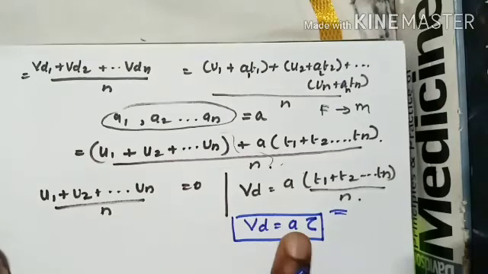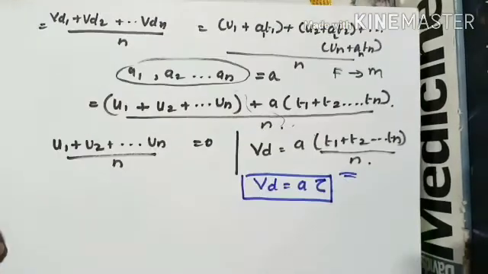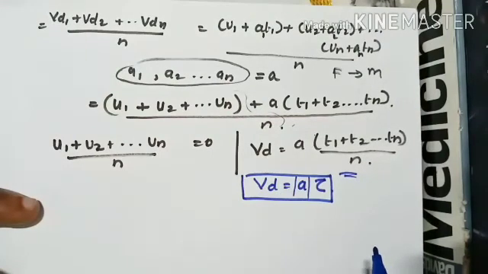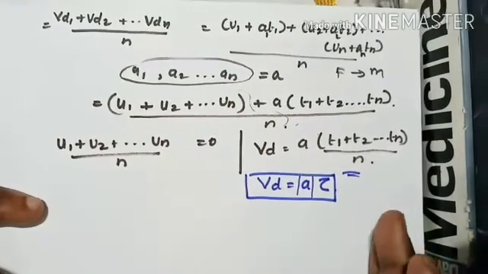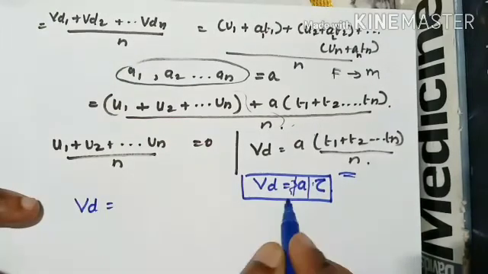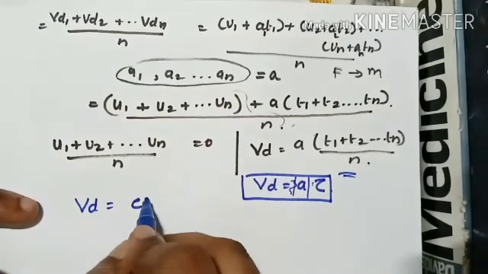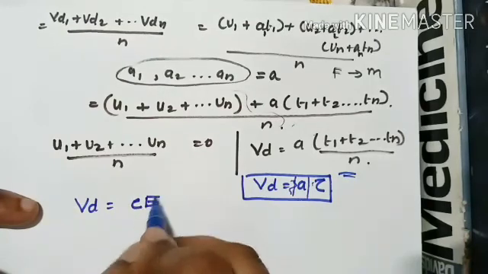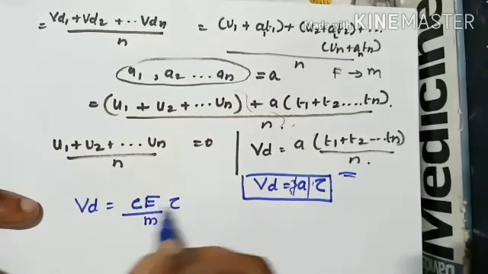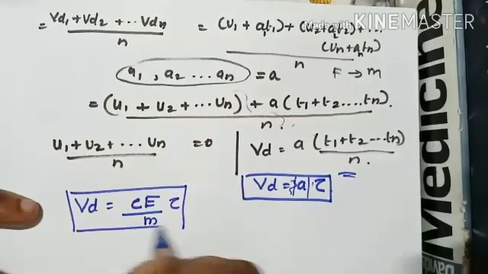Now you have written the expression for acceleration previously. Here you take this A as modulus A, that is you don't require the minus, or if you write minus also it is okay. So Vd is equal to A tau, and from the previous section I have found A as capital E into e divided by m. So Vd is equal to eE divided by m into tau. This is your expression for drift velocity.